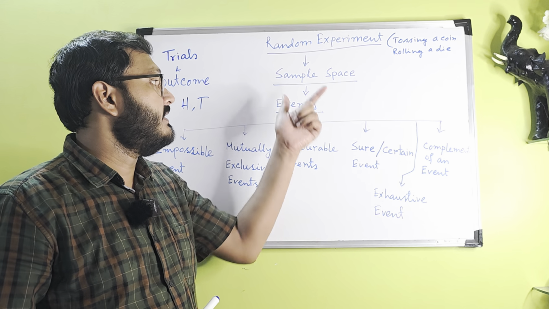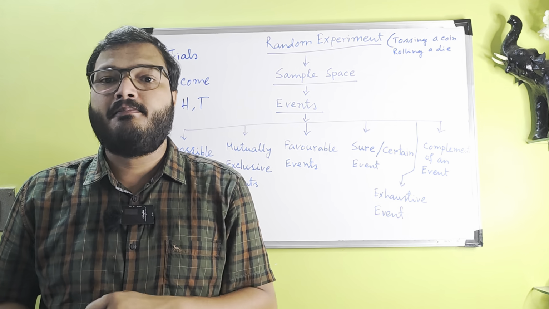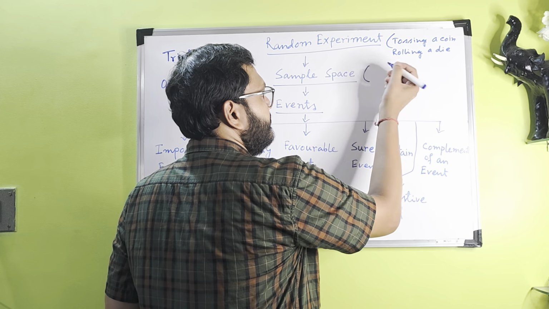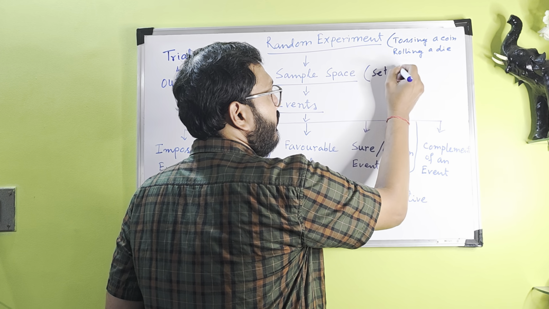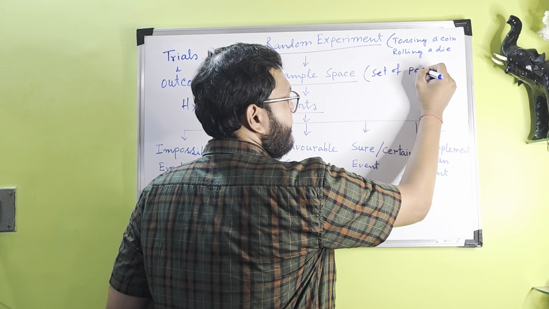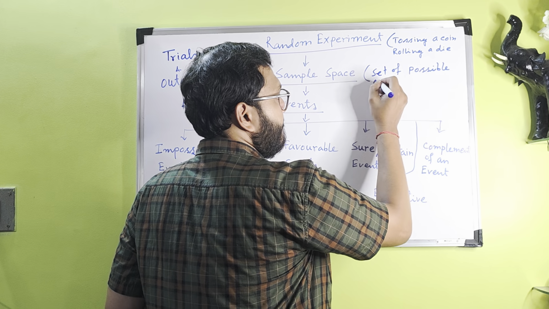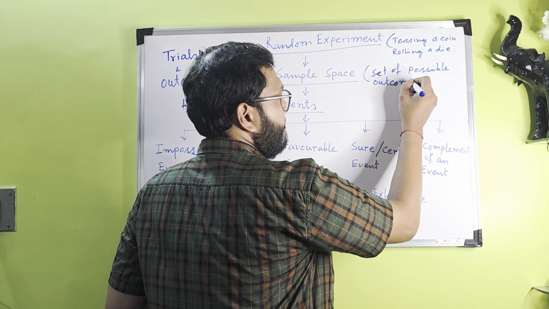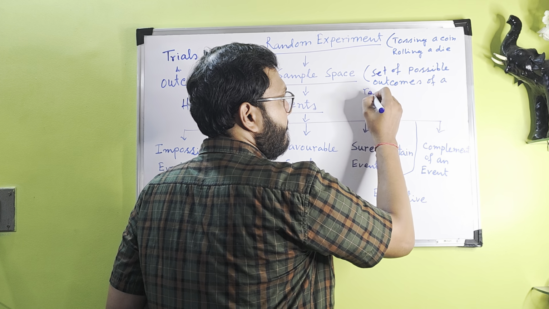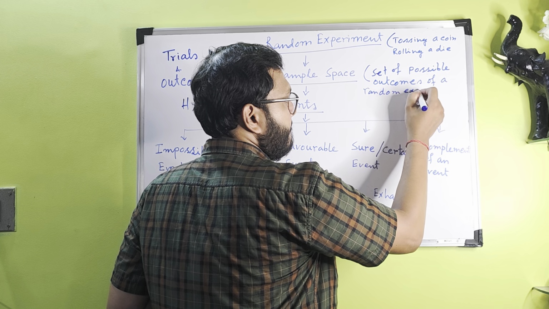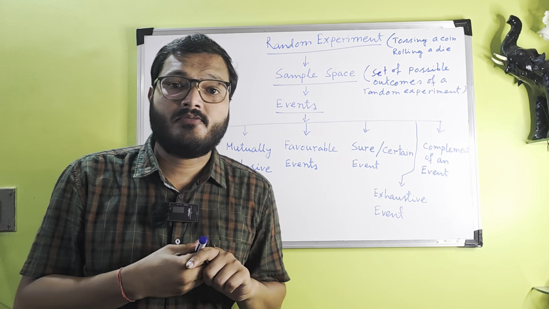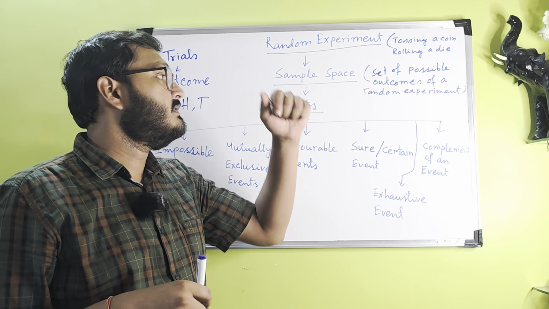Now come to the next step, which is called sample space. What is sample space? The definition: the set of possible outcomes of a random experiment is called the sample space.